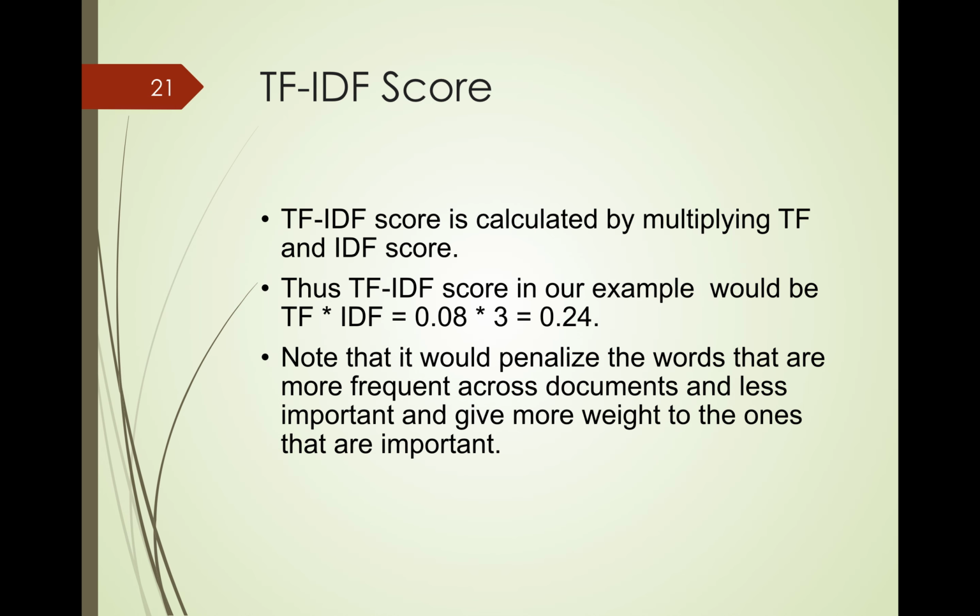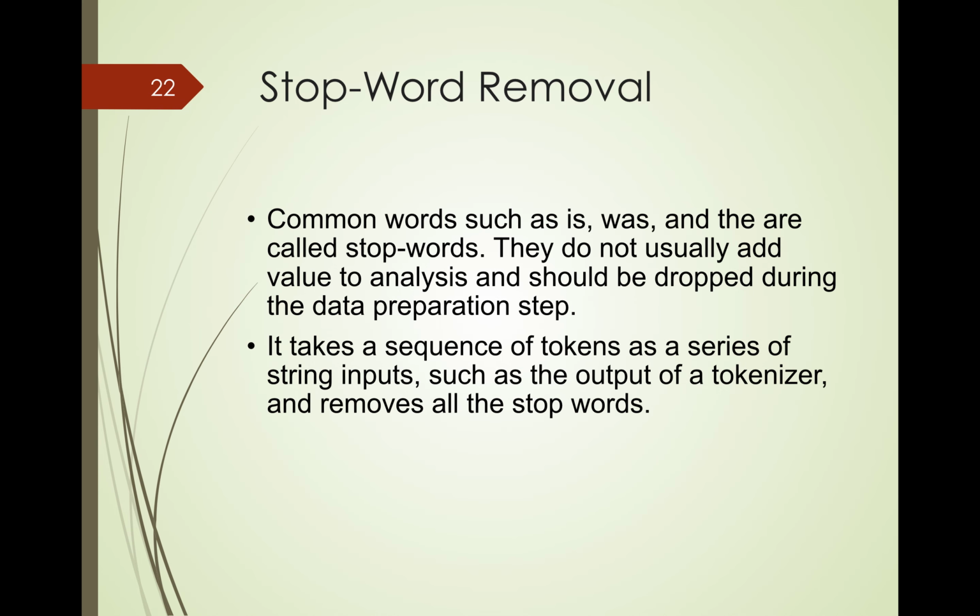Only 1 in 1,000 documents in our collection mentioned apple. So we raise it threefold and increase its importance. That is how the TF-IDF technique works. It penalizes words that are more frequent across documents and gives more weight to the ones that are less frequent across documents, but frequent in this particular document.